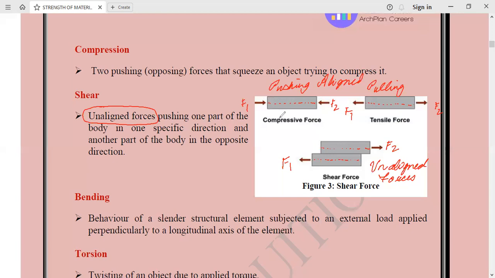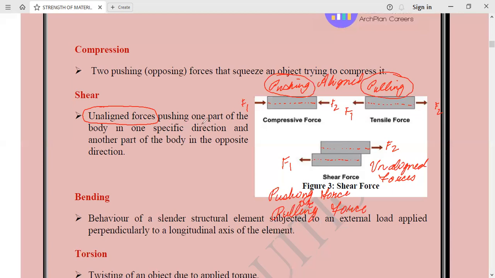In compressive force, we were applying the pushing force. In tensile force, we were applying the pulling force. But in shear force, you can either apply the pushing force or you can apply the pulling force. Here we have shown the forces as pulling forces, but it can be pushing force also.